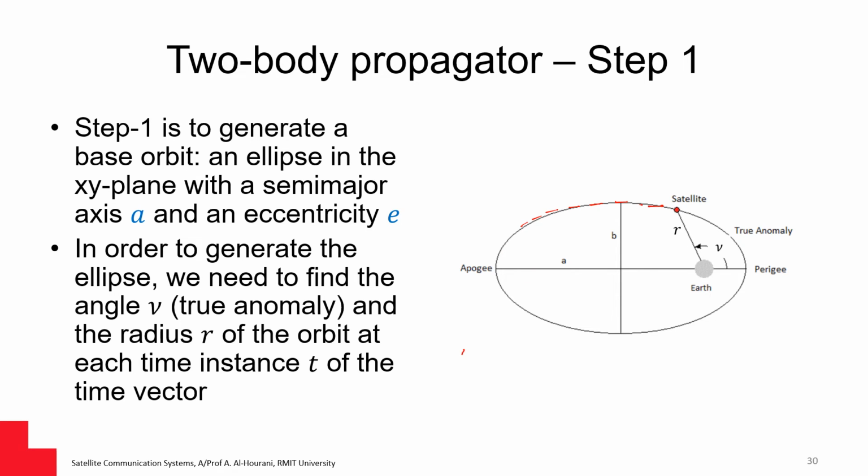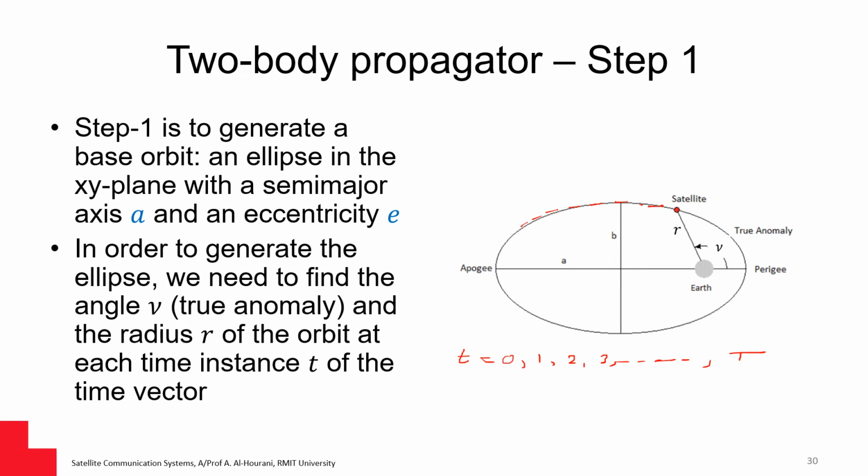For example, if you have a time vector from 0, 1 second, 2 seconds, 3 seconds, etc., up to the last point, which would be T. At point T, which is the orbital period, the satellite will return back to the starting point.